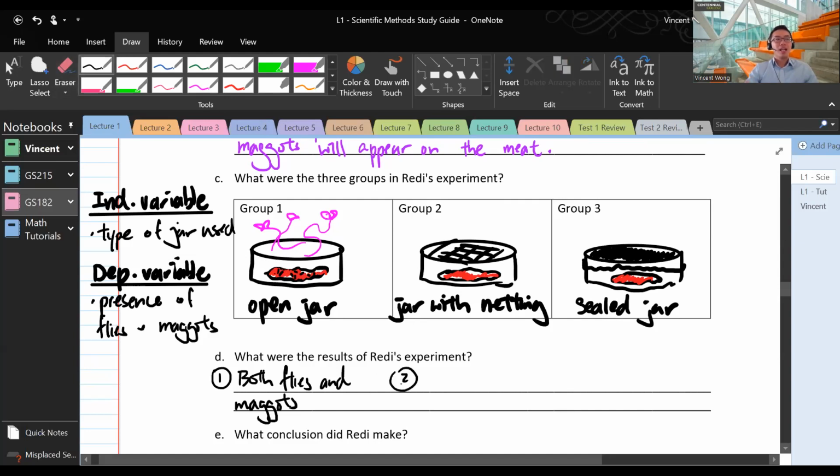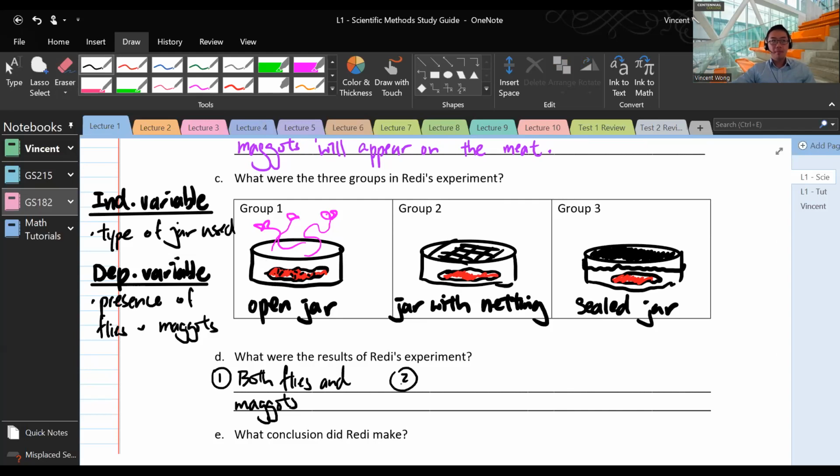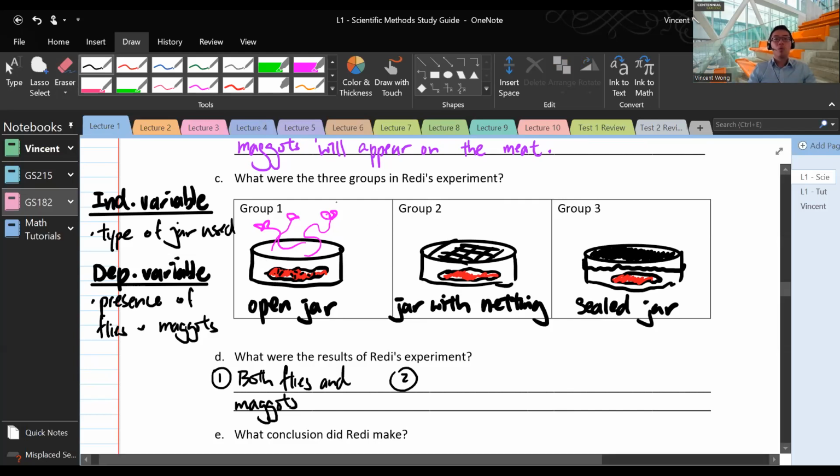Group number 2. Any flies and maggots on group number 2? Yeah, just less than the first one, the open jar. Where are the maggots and the flies though? On the top. On the netting only, right? So you got all these maggots crawling here. You got these flies. So flies and maggots on the net.